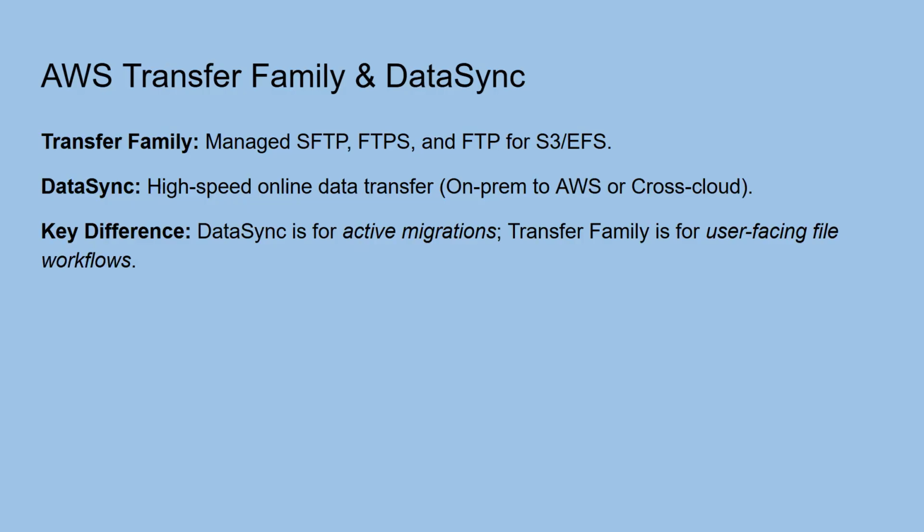DataSync is for moving or syncing large amounts of data quickly between on-prem storage and AWS services, and it can also work across clouds, which could include Azure, Oracle, Google Cloud, whatever it might be. For example, if a company needs to migrate a file server to S3, DataSync is likely the better choice because it's going to be easier for them to get it done immediately. So the Transfer Family is for file transfer workloads, and DataSync is for migration and synchronization.